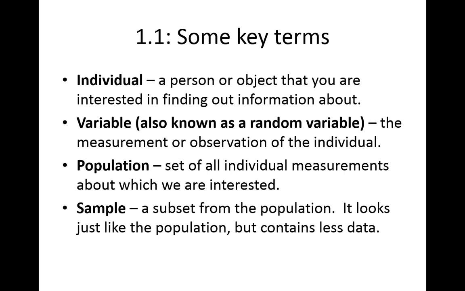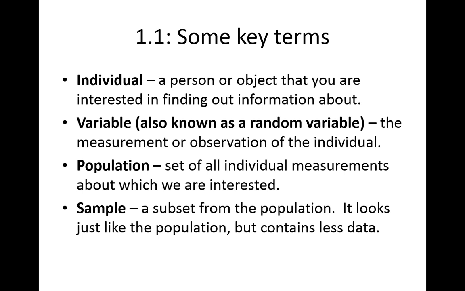In 1.1 we're going to look at some key terms. When we want to set up a study or an experiment, these are key terms that are going to pop up that we need to be able to identify.